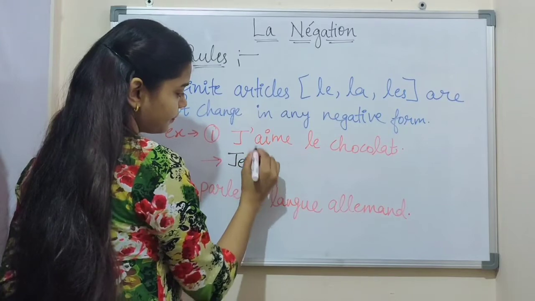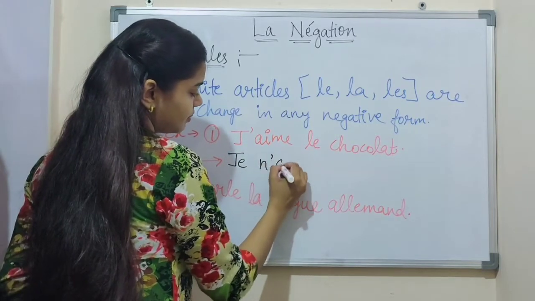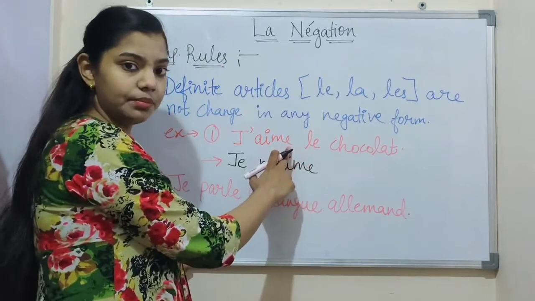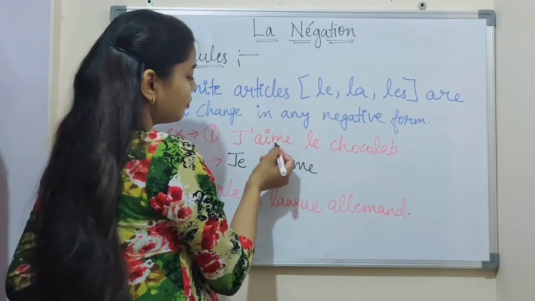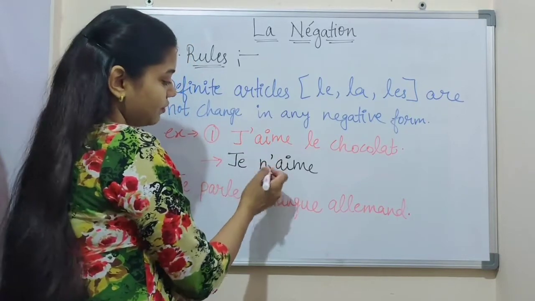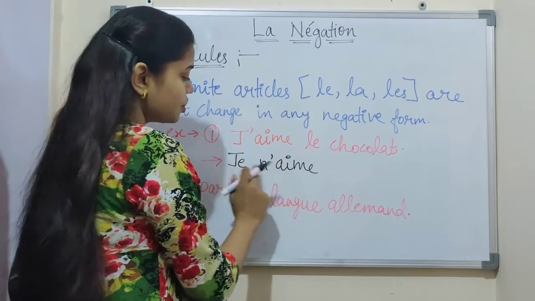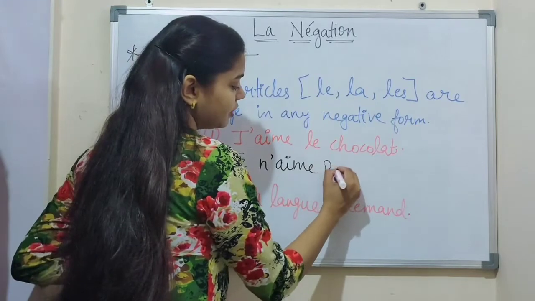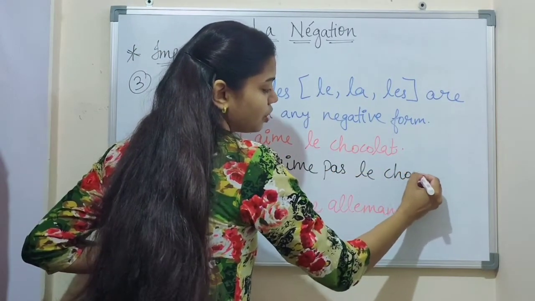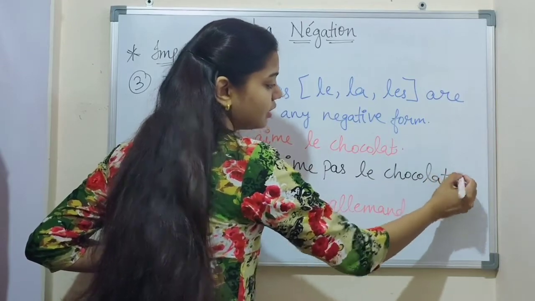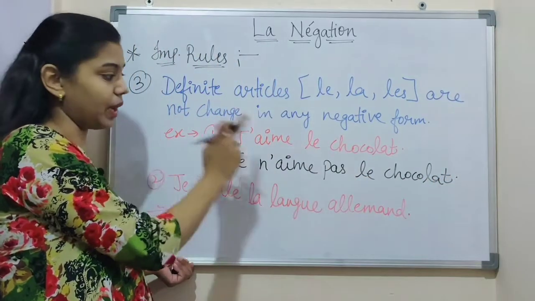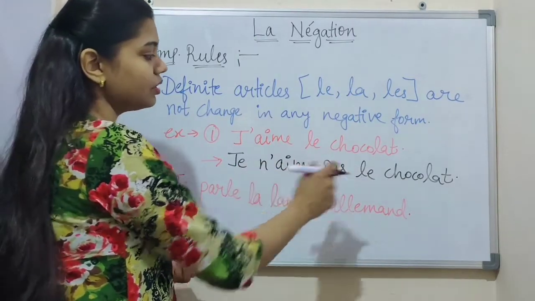Je, ne, because the verb is aimer, and before the verb we add ne, and here is a vowel, that's why we drop e and add an apostrophe. Je n'aime, and after the verb we add pas, le chocolat. We do not have any change in le because this rule is applied in this sentence. Je n'aime pas le chocolat.